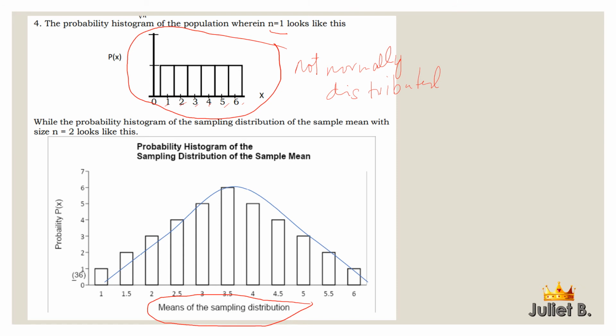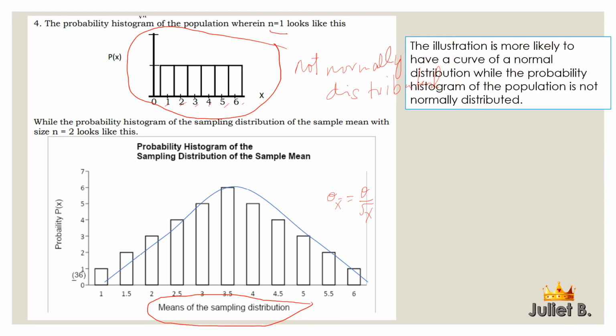Also, it is important to recall that the mean of the sampling distribution of the sample mean is equal to the population mean. And the standard deviation of the sampling distribution of the sample mean, having sampling with replacement, is equal to the standard deviation over the square root of the sample size.